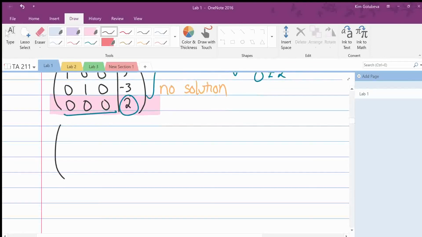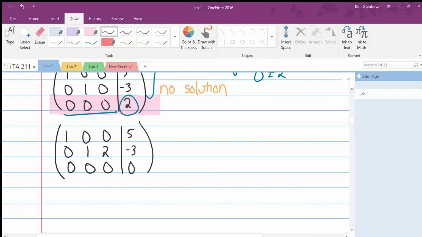And the last possibility is you have infinitely many solutions. So for this one, you can clearly see that you have a row of zeros here, and it's completely fine to have a row of zeros, so 0x plus 0y plus 0z equaling 0. It makes sense, right?